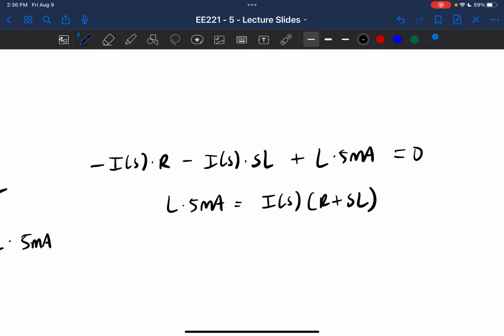I get I of S is going to be equal to L times 5 milliamps divided by R plus SL.